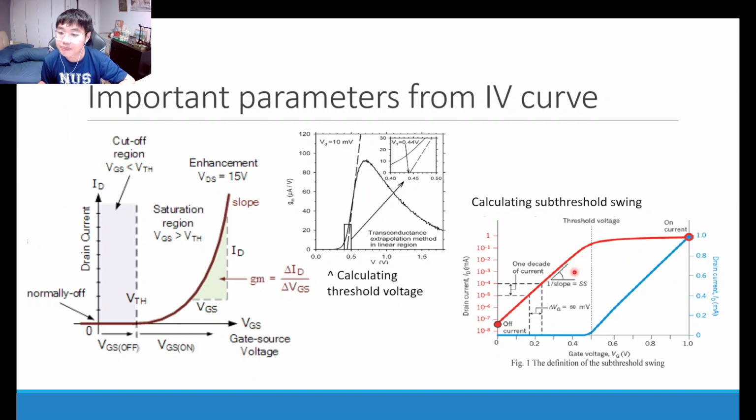Another way we can think about it is that if the slope is steeper, for every increase in gate voltage in the subthreshold region, there's a larger increase in current. So this means that there's a greater control of your gate over your source to drain current, and that's of course desirable, because in a transistor what you want is the gate to be the means of control over the source to drain current.